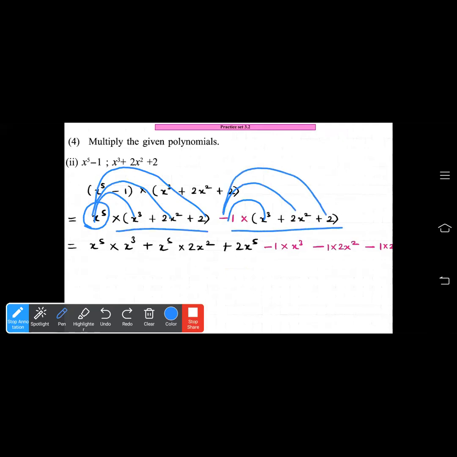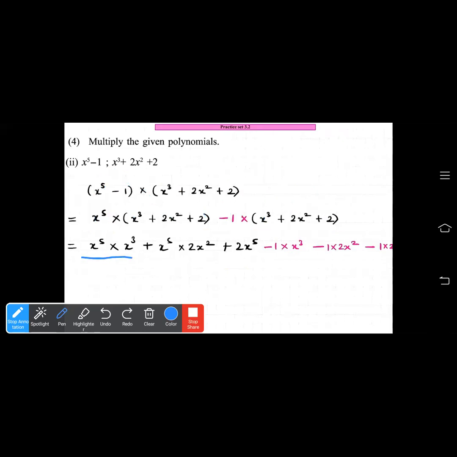Okay, so after multiplying this, what you will get: x raised to 5 multiplied by x raised to 3, x raised to 5 multiplied by 2x raised to 2, 2x raised to 5. Then minus 1 x raised to 3, minus 1 into 2x square, minus 1 into 2. Fine. So what next?